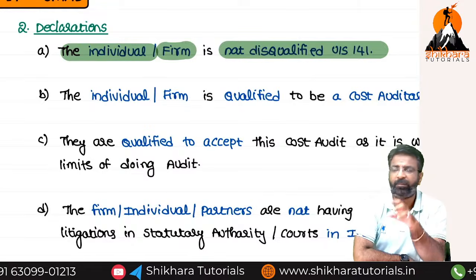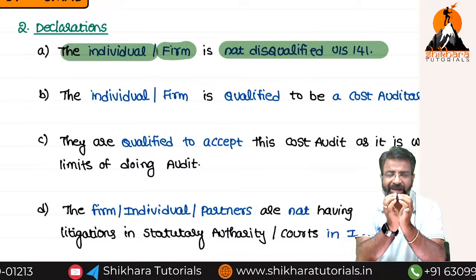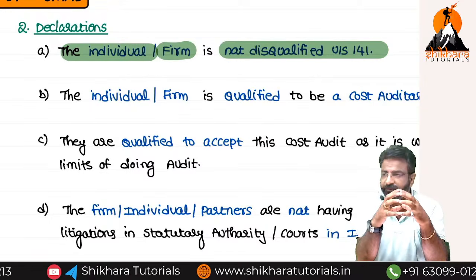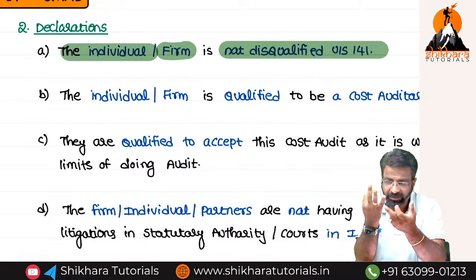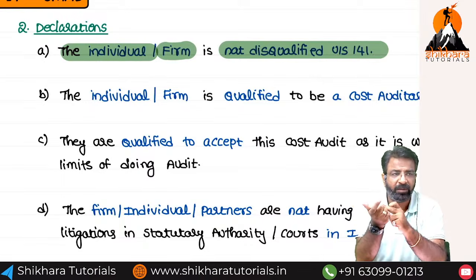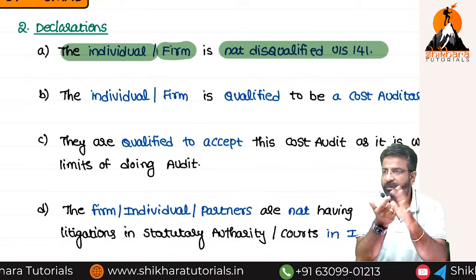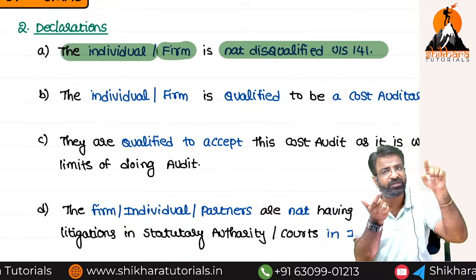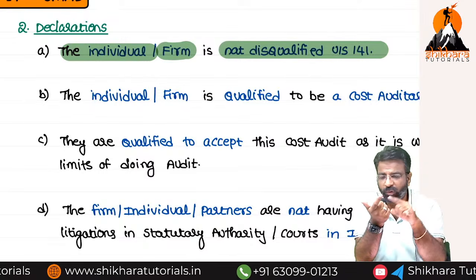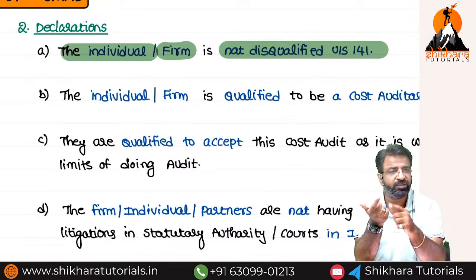How many of you remember disqualifications? First of all, tell me, in how many ways you can practice in India? 3 ways. Either in the form of sole proprietor or partnership firm or LLP. Can you open a company of practicing chartered accountants? No. You can't open ABC Associates Limited. You can open ABC Associates, ABC and Co, ABC Associate Cost Accountant.